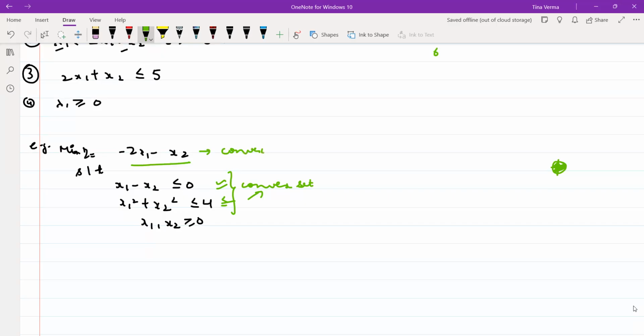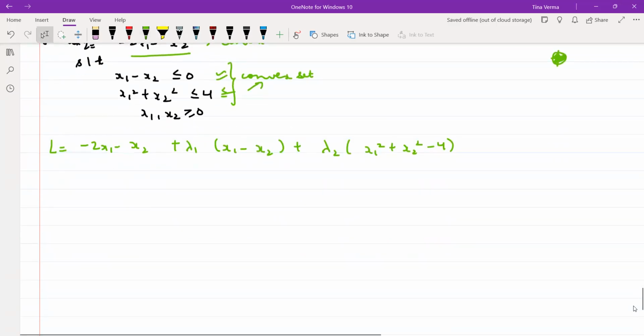You can construct here your Lagrange function that will be minus 2x1 minus x2 plus λ1 times (x1 minus x2 minus 0), it will be the same, plus λ2 times (x1 square plus x2 square minus 4). That will be your construct. Now you can write your KKT condition. The first is ∂L/∂x1 equal to 0, ∂L/∂x2 equal to 0.